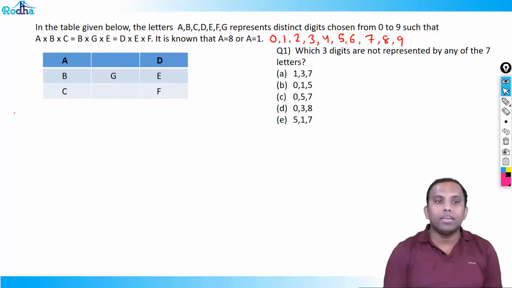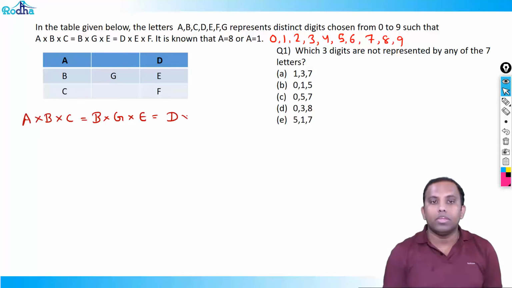So obviously, A into B into C is equal to B into G into E is equal to D into E into F. Obviously none of these can be 0.